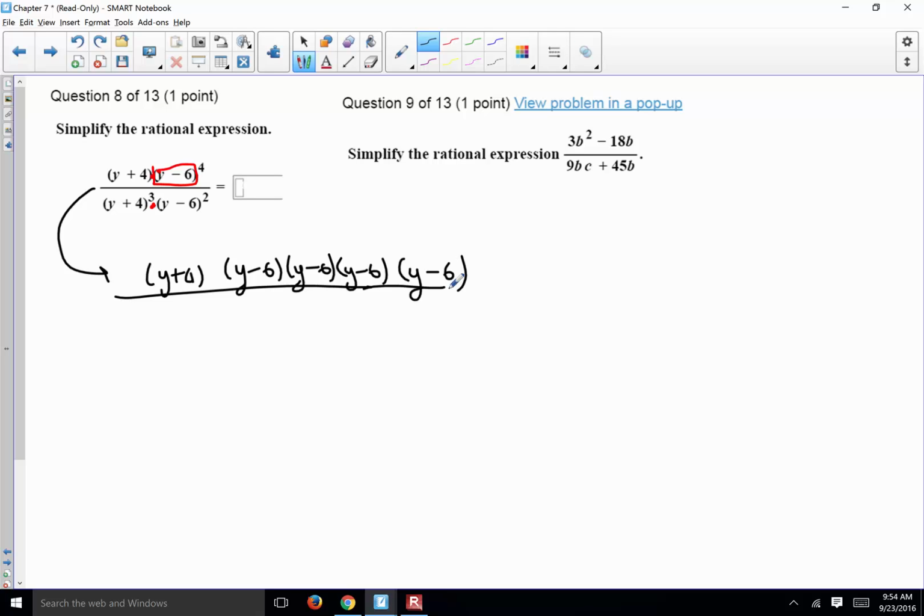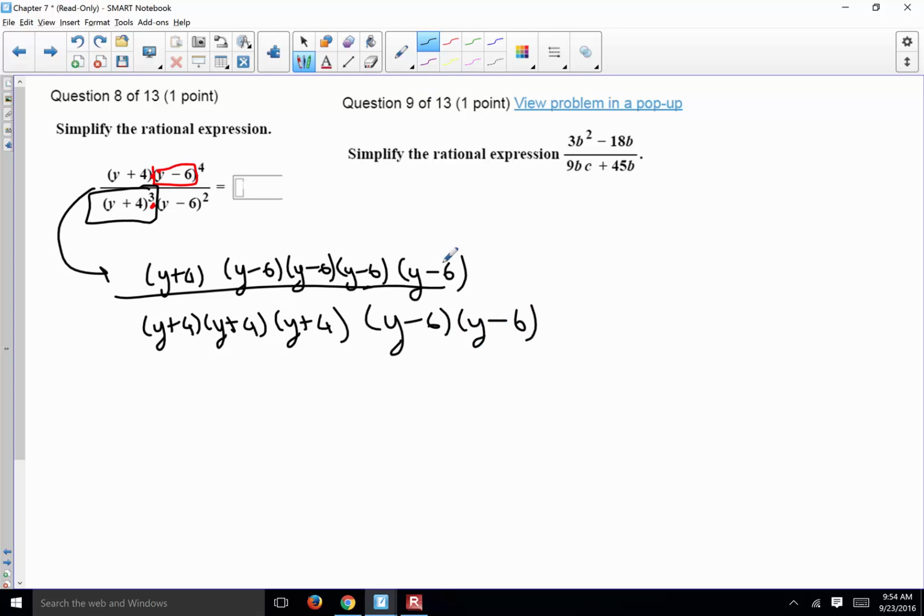You have a wall of bricks, okay? Now the second block, this one, how many times do you have the same brick? 3 times next to each other. And how many y minus 6 blocks? Twice.